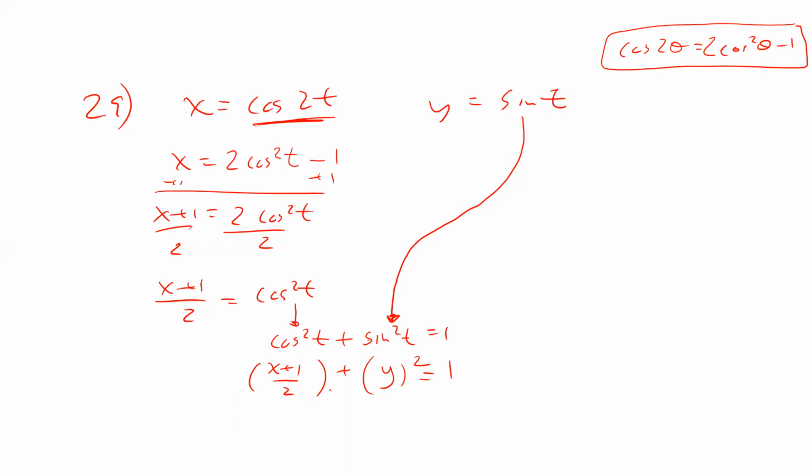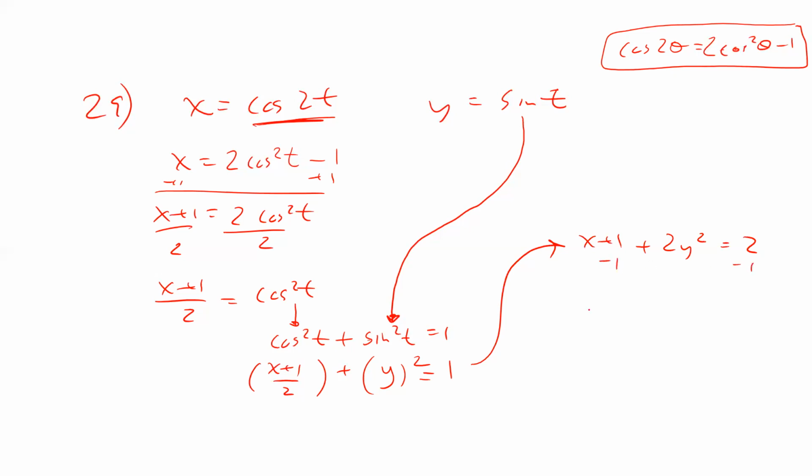So in this case, let's see, I'm going to multiply everything by 2. That'll be 2y squared, and that'll be a 2 on that side. And then depending which way you want to write this, I'm going to subtract 1 from both sides.